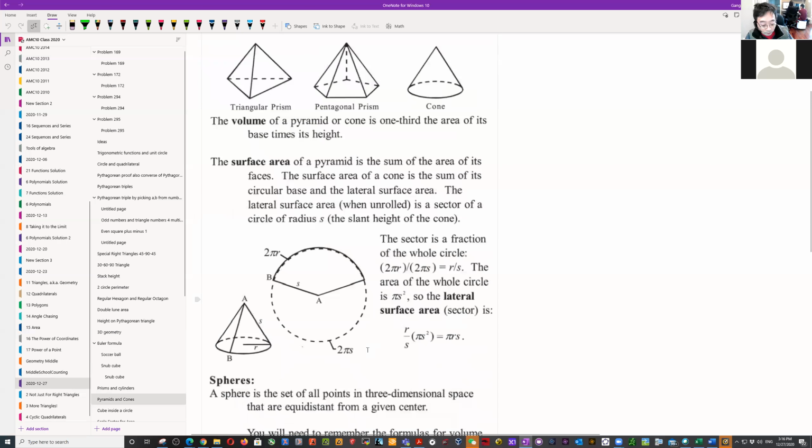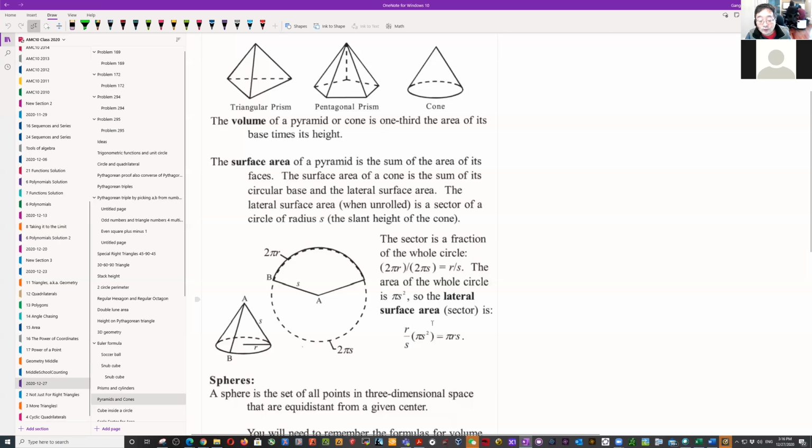For the cone, the lateral surface area is actually pi r multiplied by s, where s is the slant height.